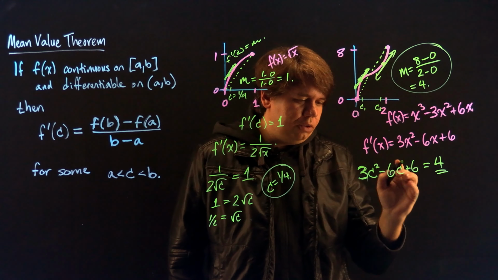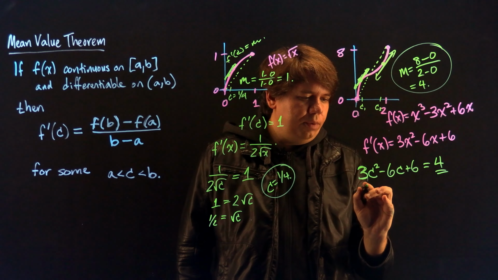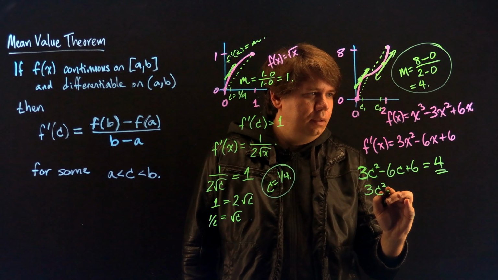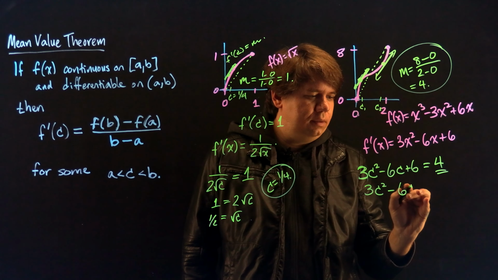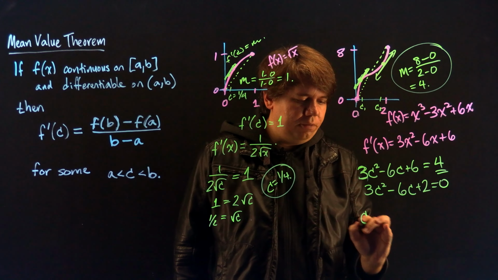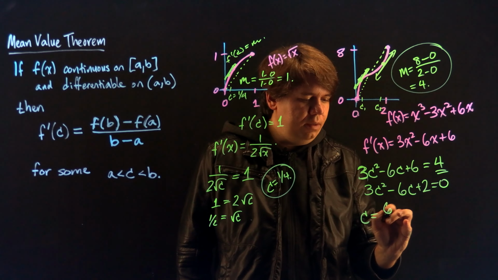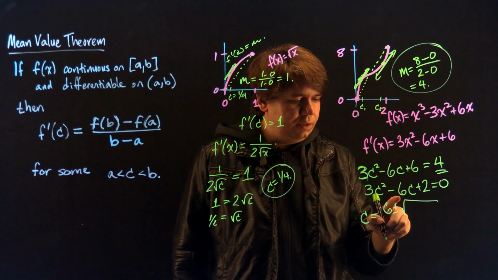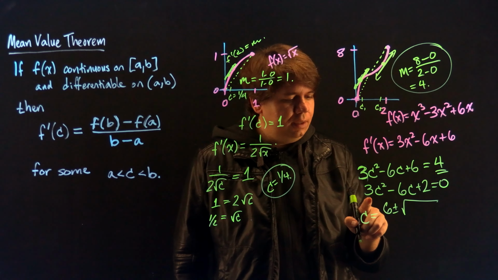So now we just need to solve this quadratic. So we get 3C squared minus 6C plus 2 is 0. So that has solutions by the quadratic formula. C is equal to negative b plus or minus the square root of b squared, which is 36, minus 4ac.